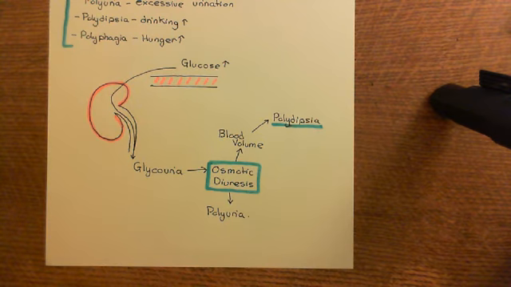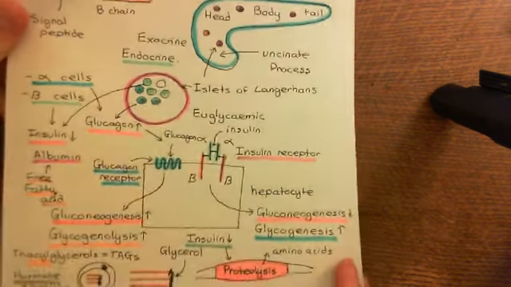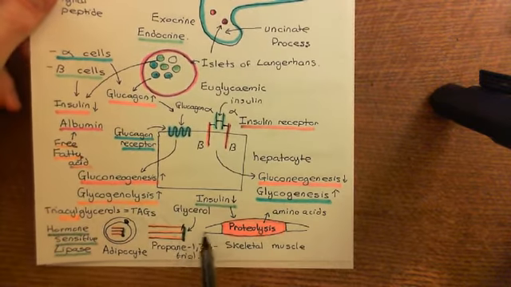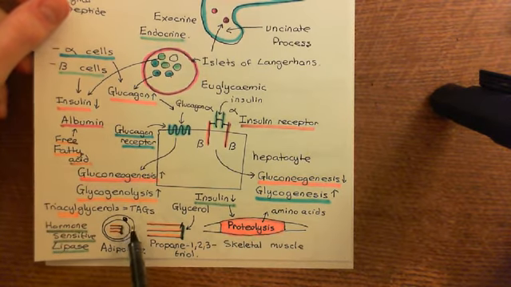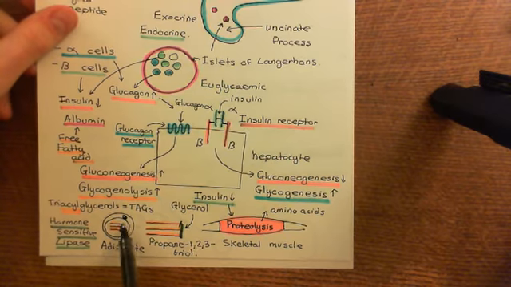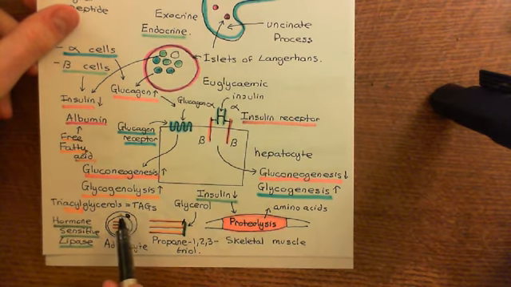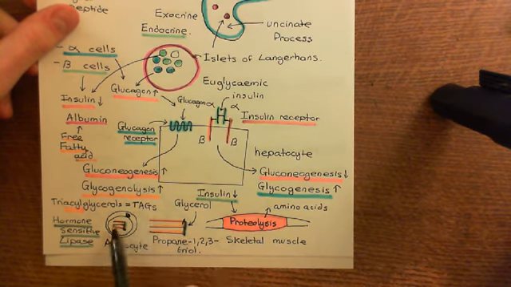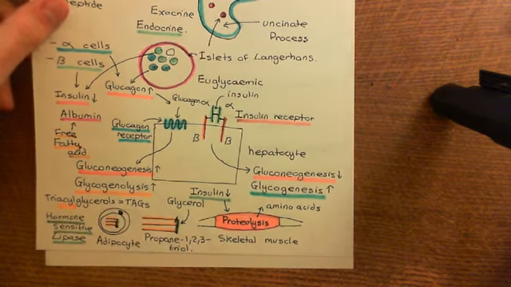So remember, low insulin causes the skeletal muscle to start breaking down and releasing amino acids into the blood, so you start getting proteolysis, and it also causes the breakdown of triacylglycerols within the lipid droplets in the adipocytes into free fatty acids, which are being released into the blood.